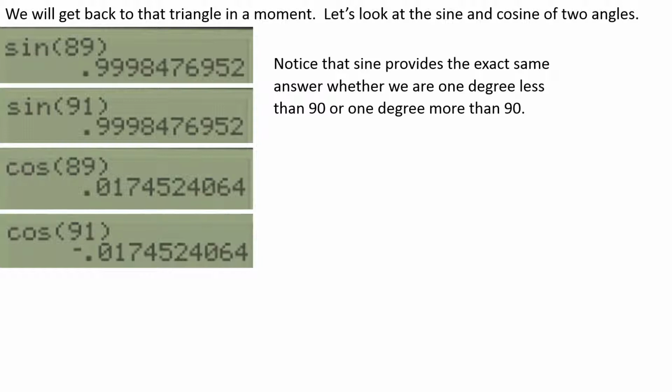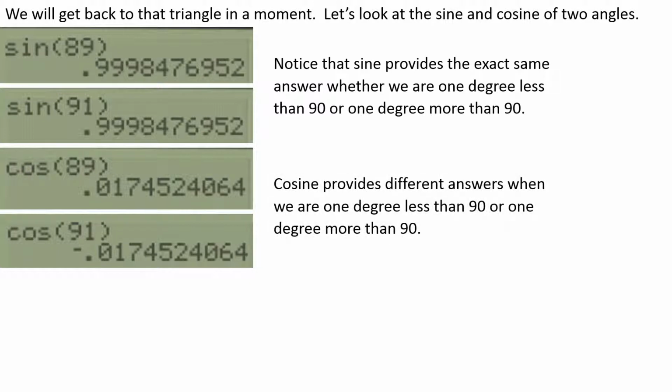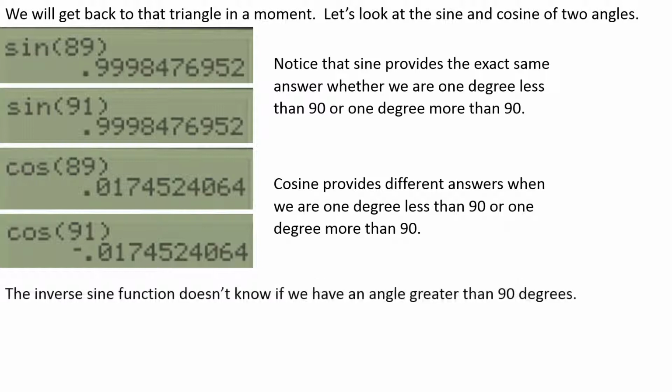So with the very largest angle, because the largest angle in the triangle could be greater than 90, the law of sines will fail if we're trying to find that angle. The law of cosines will never fail us. If the angle happens to be more than 90, cosine will come to the rescue.